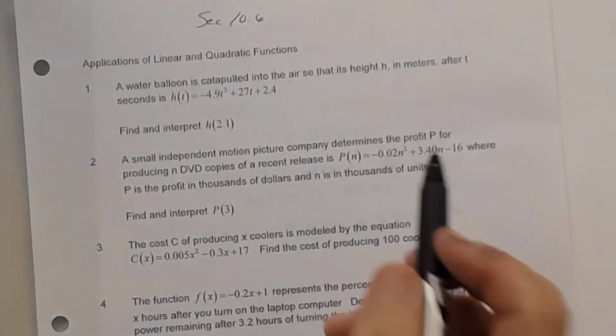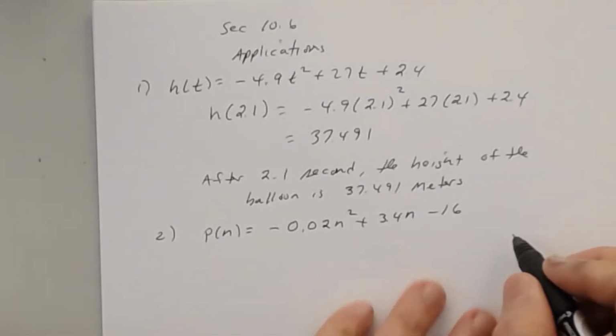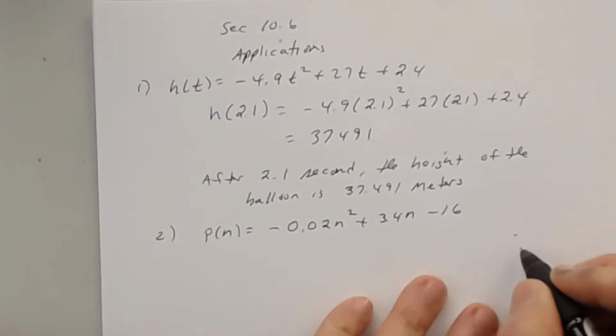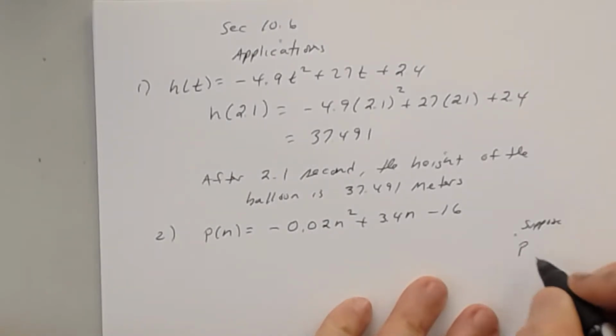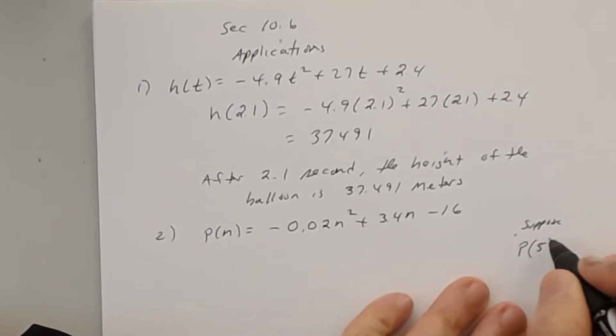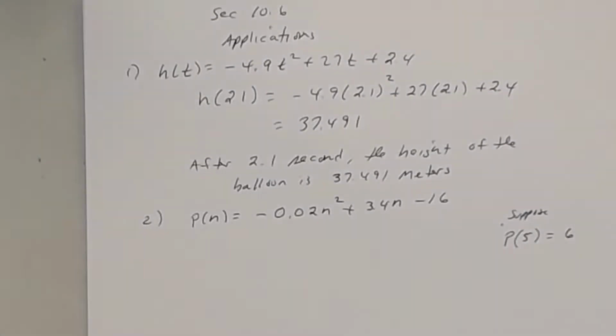So, for example, suppose, and I'm making this up, so it's not true, that P of 5 equals 6. Suppose you plug in 5 and you get this, right?